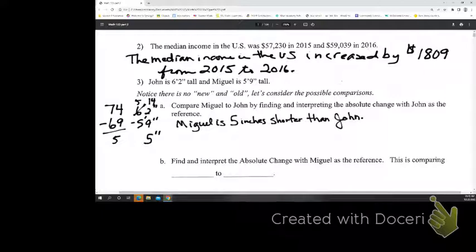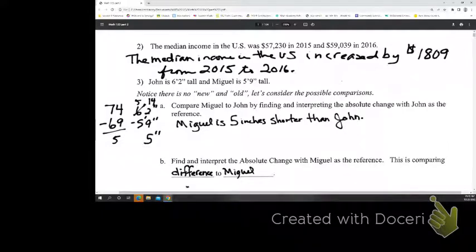And then if we want to change it to having Miguel as the reference, then what we're comparing is really that difference compared to Miguel. Now, it's not going to look so much different. It's just going to be different words.